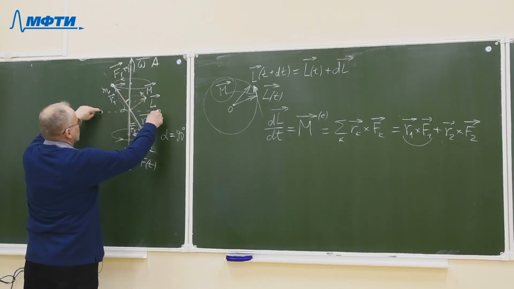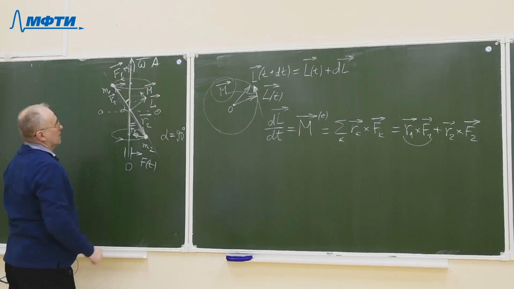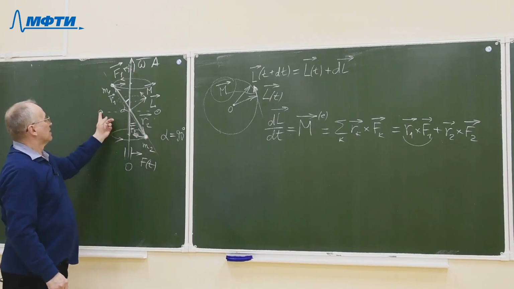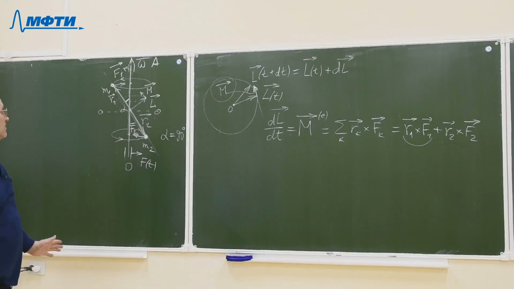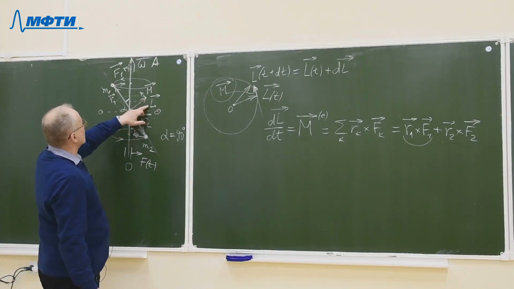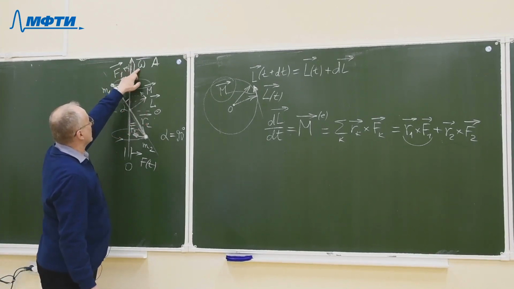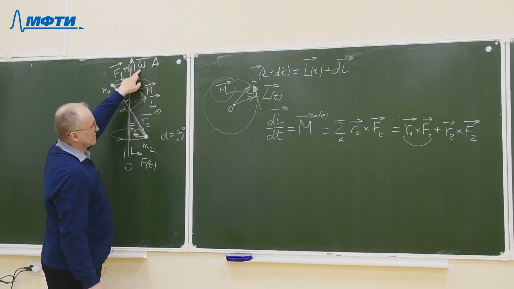That will be the case of symmetry, symmetrical distribution of masses with respect to the axis of rotation. In this symmetrical case, vector L is directed parallel to vector omega.